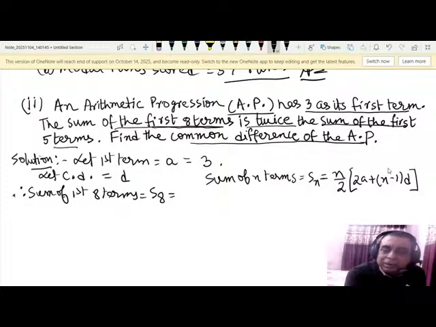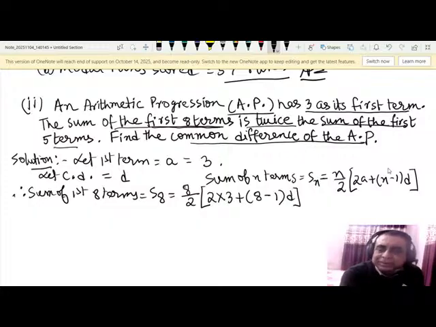So the sum of first 8 terms is denoted by S8. That is the formula. In the place of n, you write 8. 8 divided by 2 times 2a. a value is 3. So 2 times 3 plus, n is here 8, 8 minus 1 times d. d value we don't know, so I am just writing d.